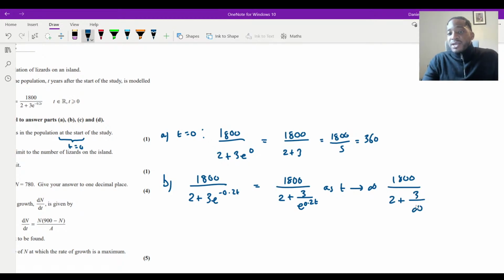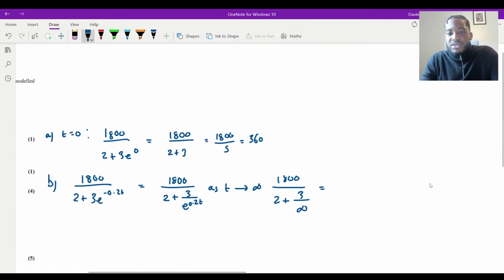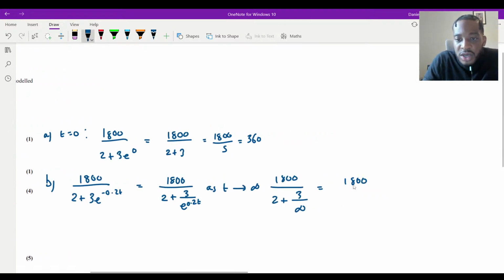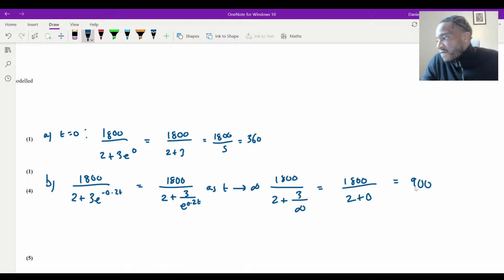If the denominator is really big, you're going to get practically 0. So that part tends to 0. So it's 1,800 over 2 plus 0, essentially. That's just 900. So therefore, it's going to be 900. Does that make sense? Just check the chat, just see that we're all good.